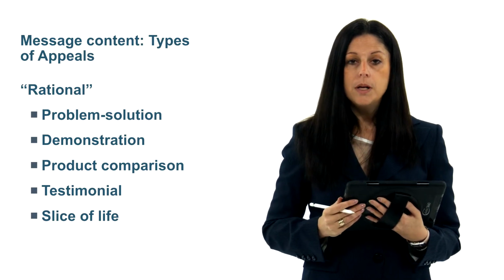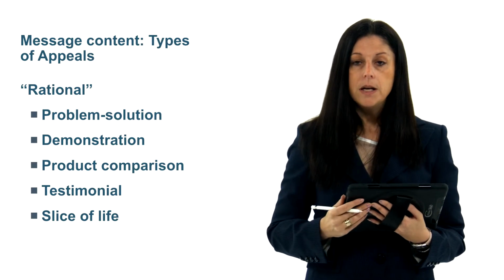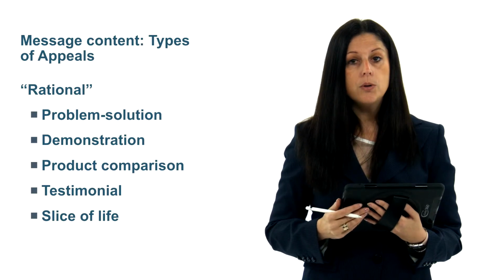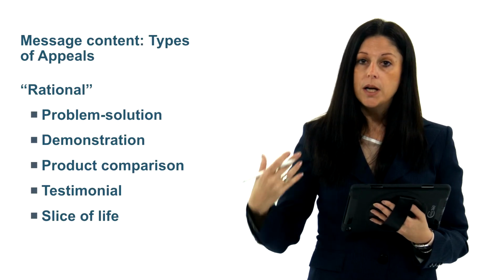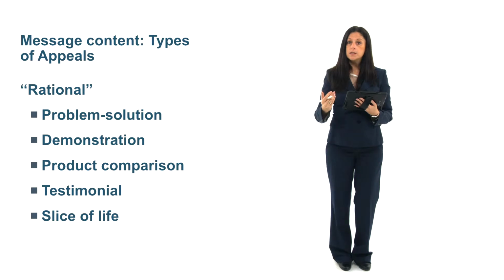For example, if you know the commercial for Glad trash bags, it says, "Don't get mad, get glad." So they show you where you pick up your trash and the bag actually explodes and everything falls on the ground. However, if you use Glad, the garbage will stay intact. That's a rational approach where the company explains to you that if you use their bags, which are stronger, it will be a better solution for your problem.